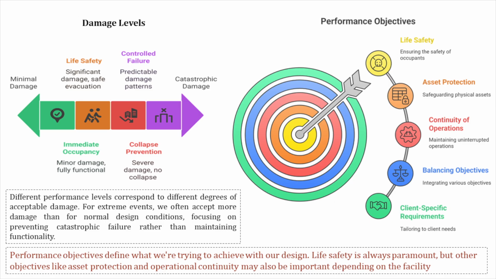Life safety is always paramount, but other objectives like asset protection and operational continuity are also becoming of paramount importance nowadays. Nowadays we are trying to establish a balance between all these objectives and design a structure so that we achieve a set performance objective.